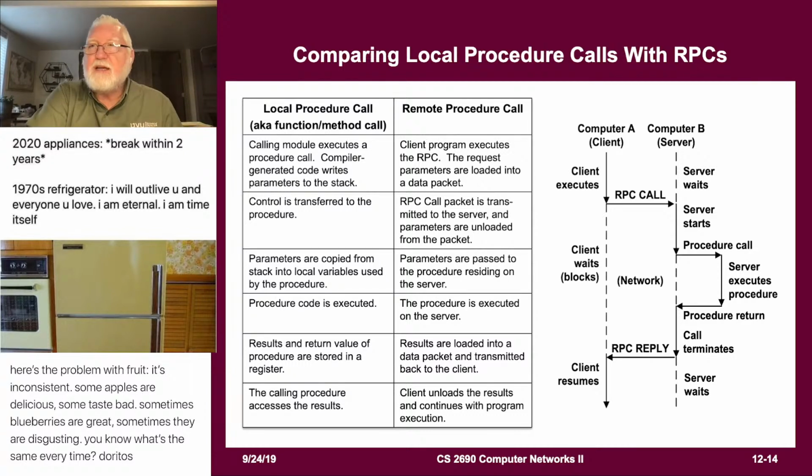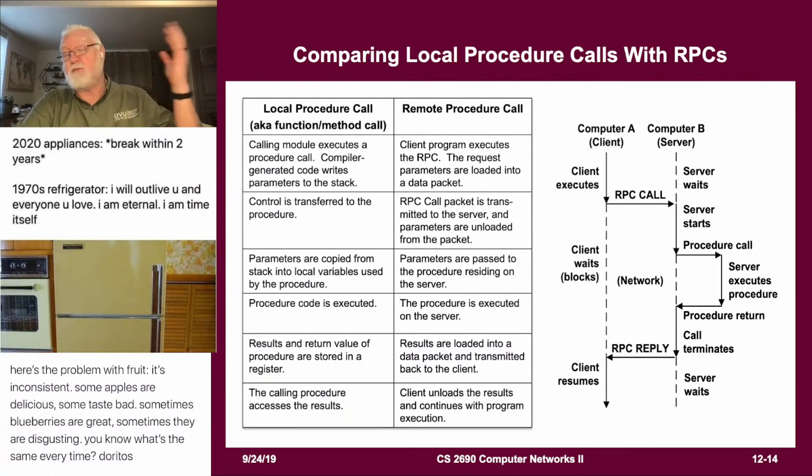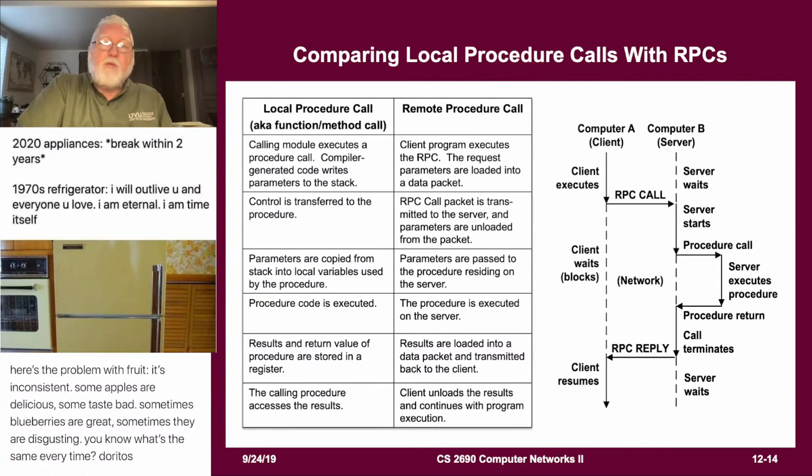You can view it as a cloud kind of thing. You can view it as a remote procedure call, where I have some intermediary. I'll walk through these again. I've got computer A and computer B, where I've got a client and a server.